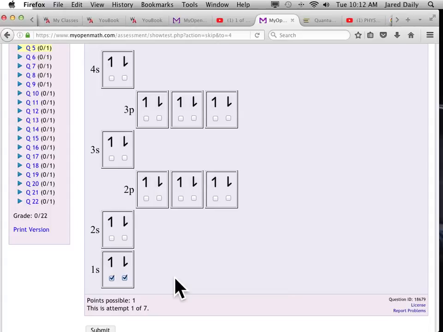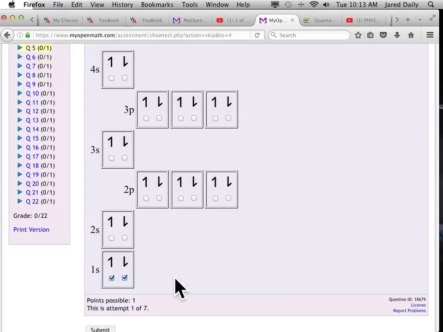And I'm going to use a little tree diagram to show this. We have n equals 1. We already did. For n equals 2, we have what for L? We have L equals 0 and L equals 1, right? For L equals 0, how many m sub L's do we have? Just m sub L equals 0, right? And for m sub L equals 0, how many S states do we have? Well, S equals 1/2.